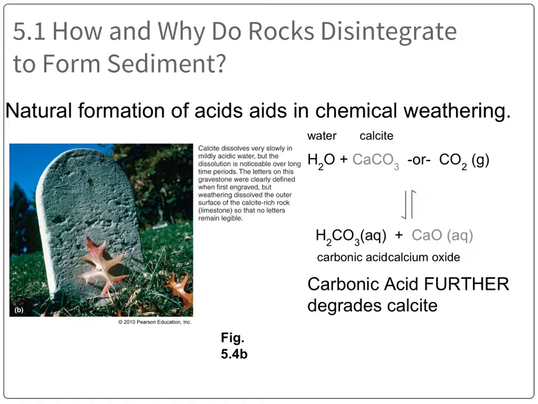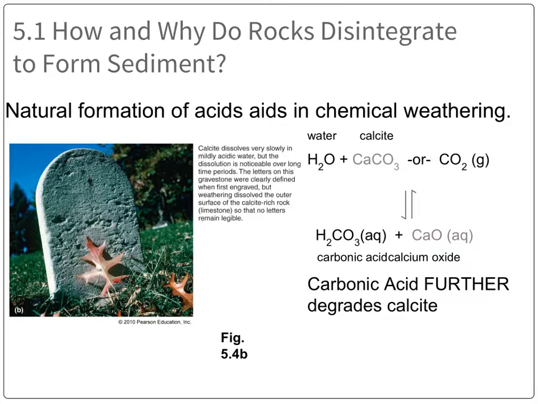We know some minerals like calcite react with acid, and probably one of the main natural acids we have to worry about is carbonic acid, where you've got carbon dioxide mixing with water, producing this weak acid. So the carbon dioxide can come from the atmosphere.